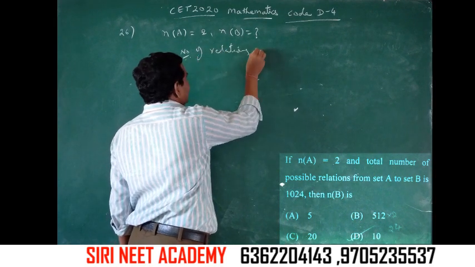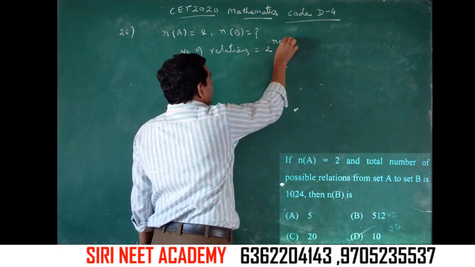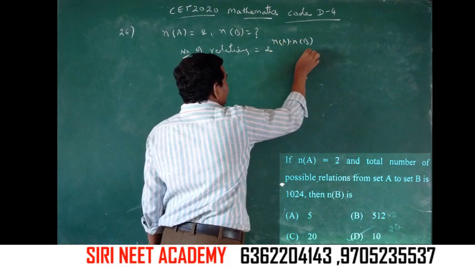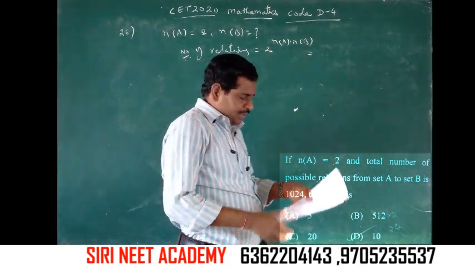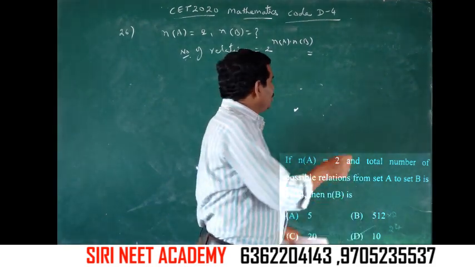Number of relations is 2 power number of elements in A into number of elements in B, that is equal to 1024, given.